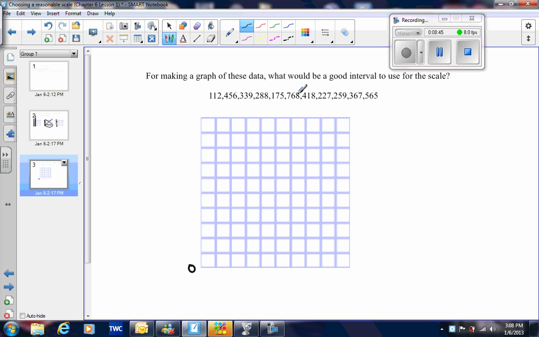Now again, 800 would get that filled up. My 768 would come up near that 800 line. And so that seems like it would be a good interval to use for my scale.